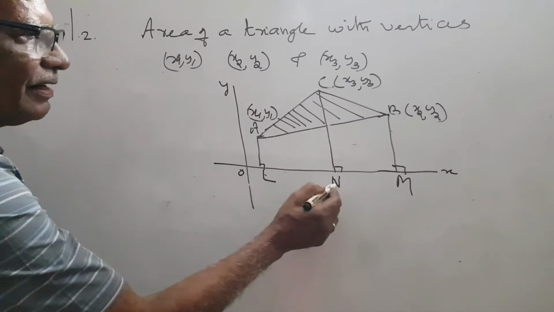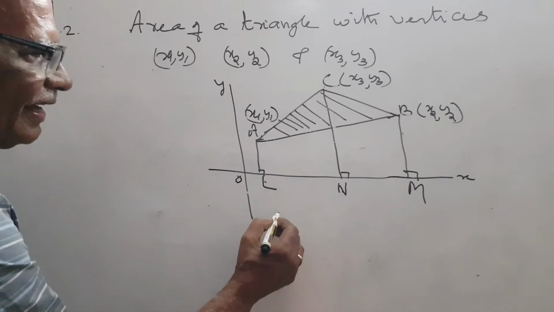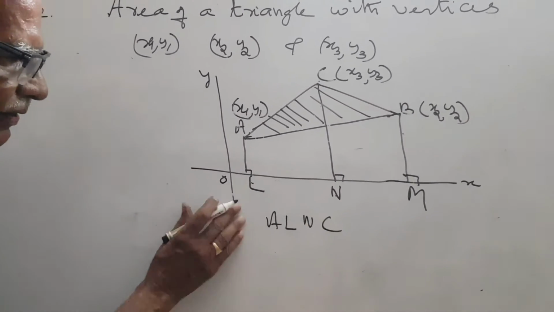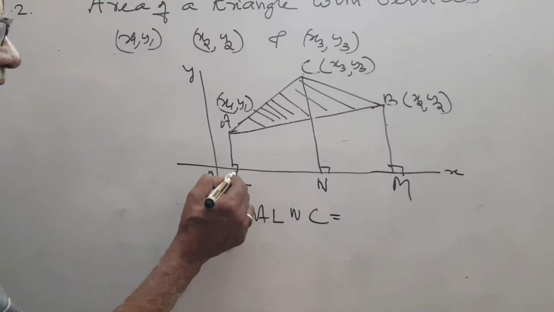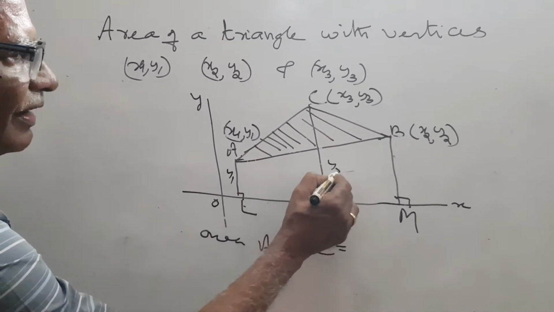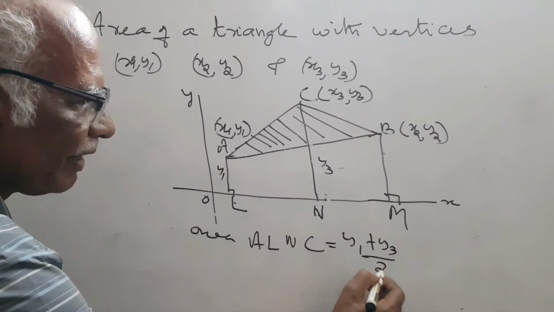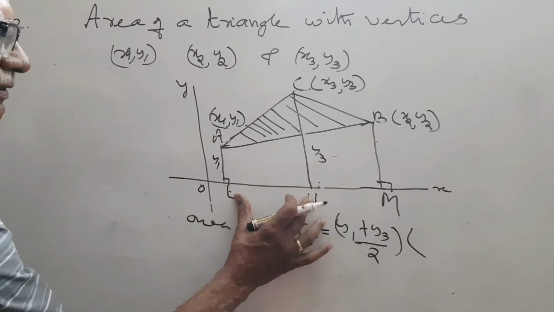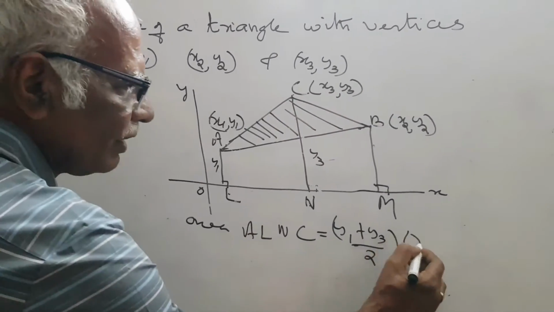Now ALNC is a trapezium. Area of ALNC is AL, which is y1, plus CN, which is y3, so (y1 plus y3) by 2 multiplied by the distance LN. LN is the x difference, x3 minus x1.